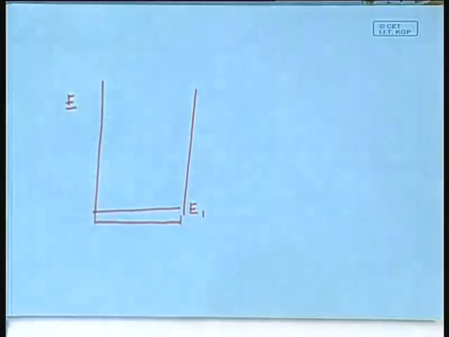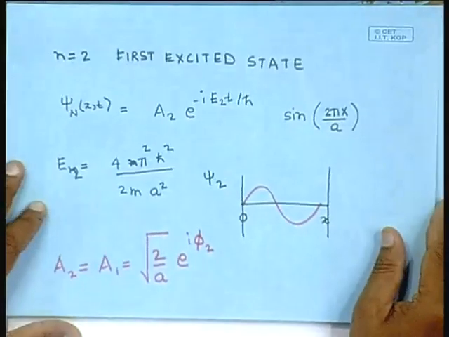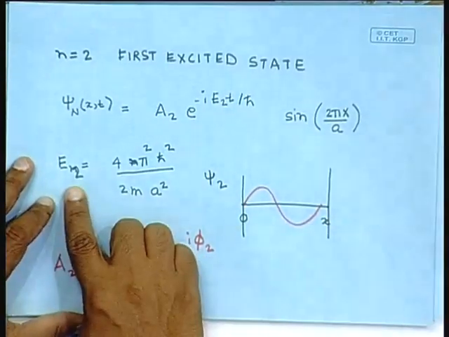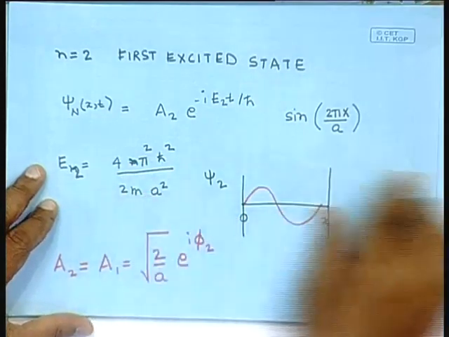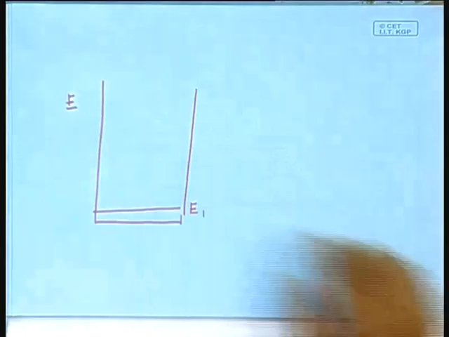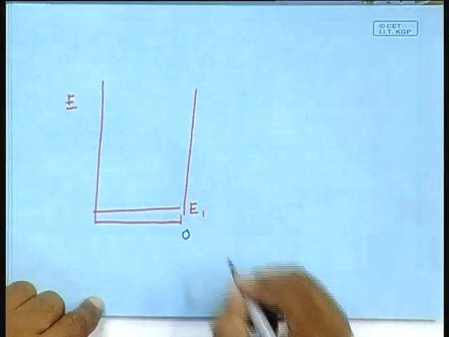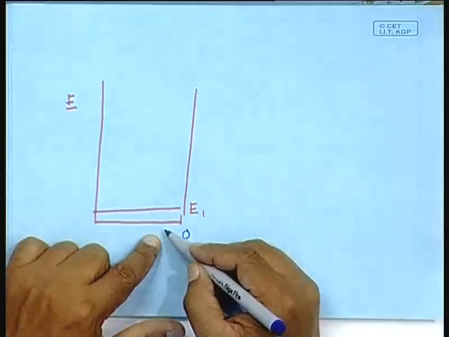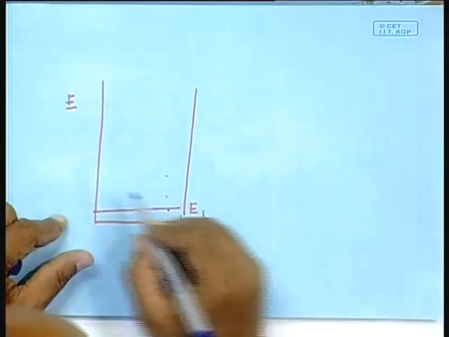Now the next energy level is n equal to 2. For n equal to 2, the energy level is 4 pi square h cross square by 2m a square. So this is E equal to 0 over here. The difference from here is going to be 4 times this much. So 1, 2, 3, 4, somewhere over here.